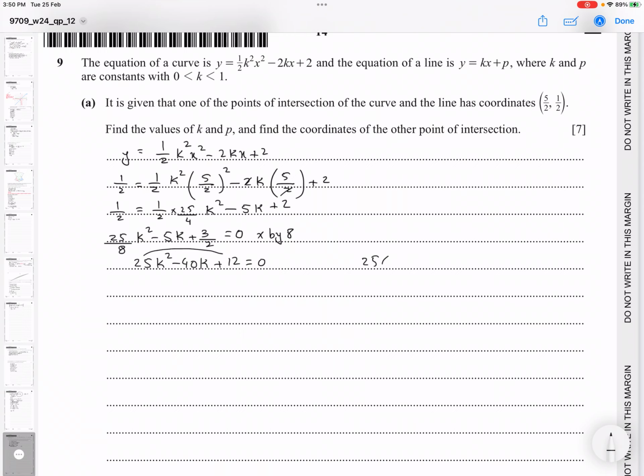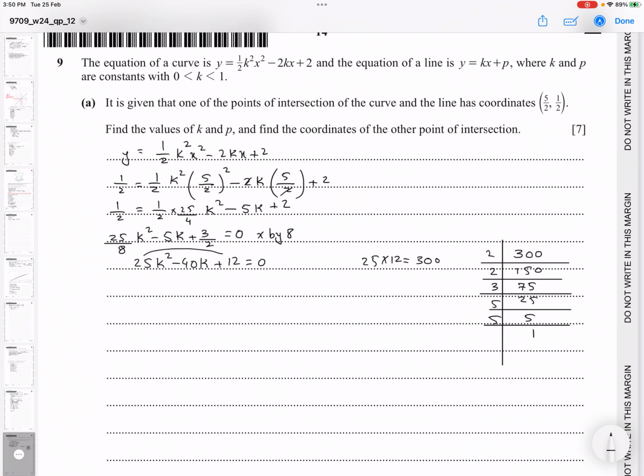So 25 times 12 equals 300, and if I take the LCM of 300, divided by 2 it's 150, divided by 2 it's 75, divided by 3 it's 25, divided by 5 it's 5, and divided by 5 is 1.